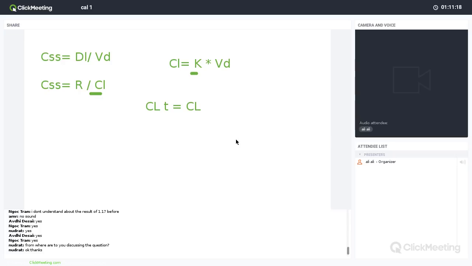So here, the total clearance equals the hepatic clearance plus the renal clearance. Okay, so this is also an important equation. Plus, we have another equation which is specific for the hepatic clearance.